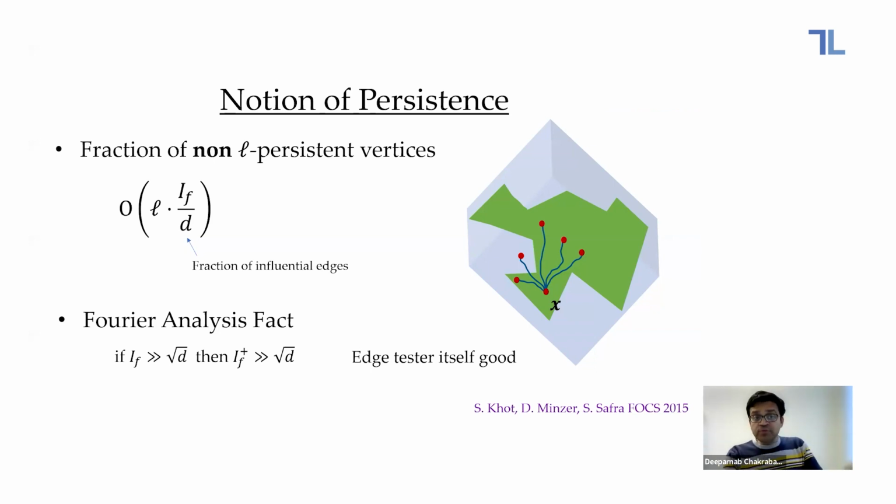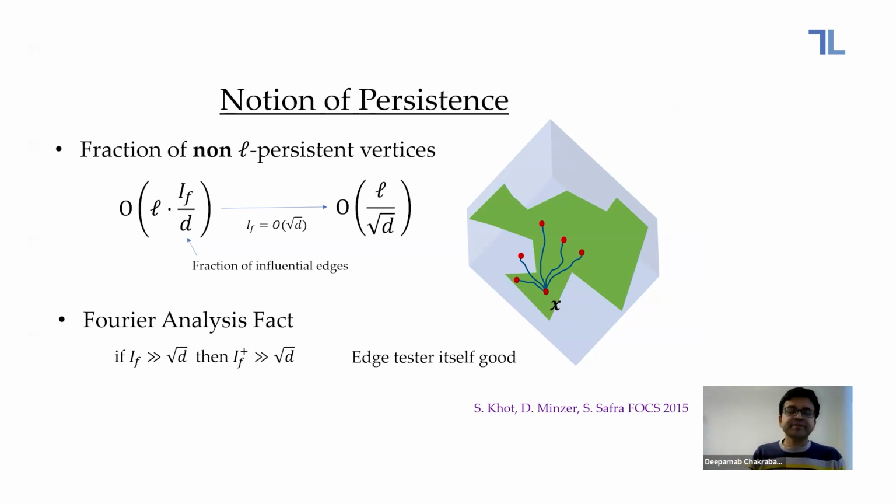So we may assume that this quantity IF is actually less than square root D. And so if I walk, the fraction of non-L-persistent vertices is roughly L by square root D. So that's the thing to take away. If L is 1, then it basically says that the number of vertices which are at the boundary is at most 1 by square root D.